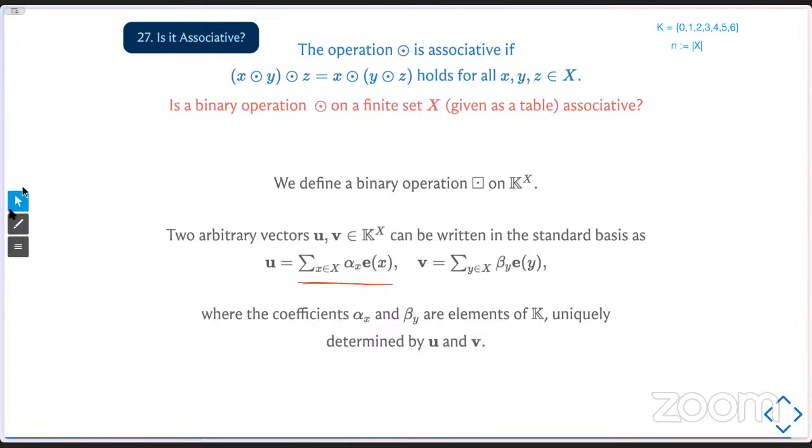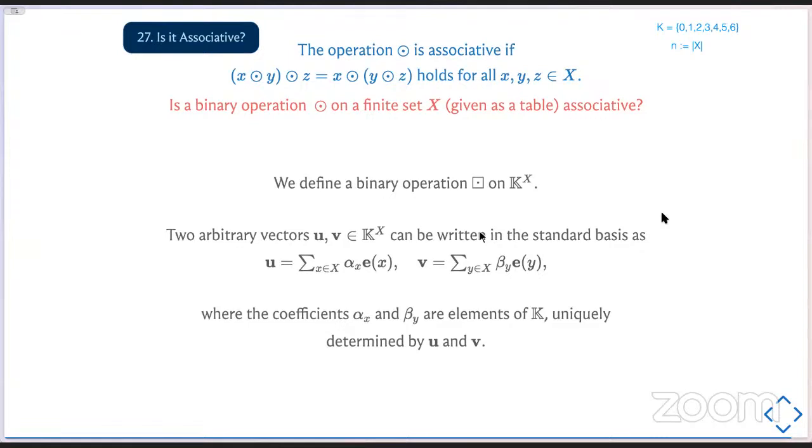So for example, elements are coming from K, there are 4 coordinates, because in our running example, which is the table that we saw right in the beginning, there were 4 elements in X. So let's say U is something like 4, 3, 0, 1. So you would write this as 4 times E of heart, and 3 times E of diamond, and so on, right? So that's just the standard expression of these vectors in terms of the standard basis.